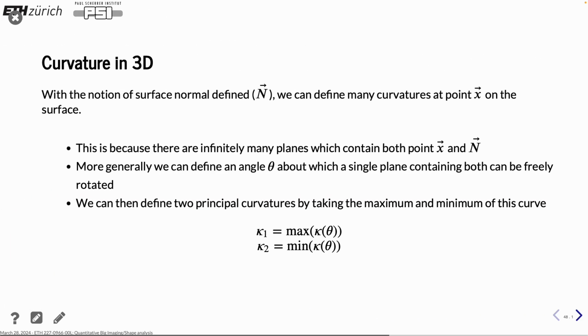And to measure the curvature in 3D, then all of a sudden, if you have a curved shape, then you can describe the curvature in 2 directions. So typically what we do is to look at the maximum curvature in some angle and the minimum curvature in the same angle. So it's orthogonally described.